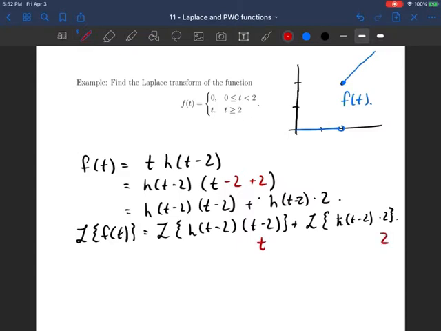And remember, all that means is we need to find, this is the shifted version of the function t here. This is just the shifted version of the function 2 here. So we just need to write down the Laplace transforms of these and multiply by the appropriate exponentials.